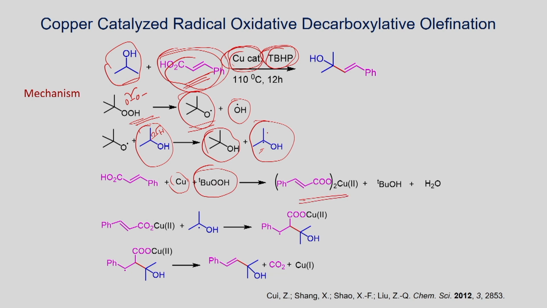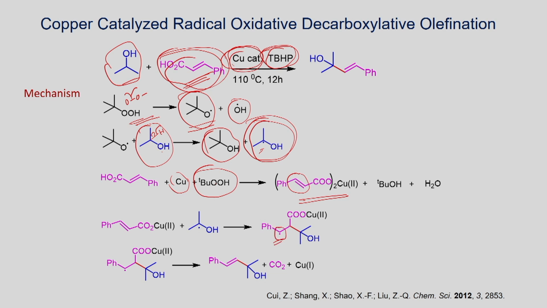Once you form this one, the radical that you have generated from the reaction of isopropanol and tertiary butoxide can undergo an addition reaction with this double bond as shown here. It can undergo addition as we have seen in the earlier example.